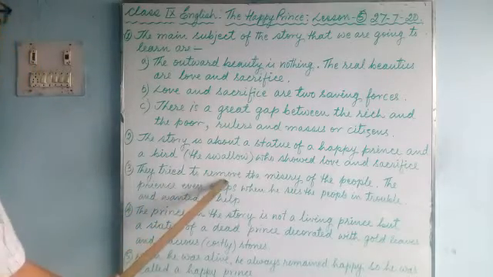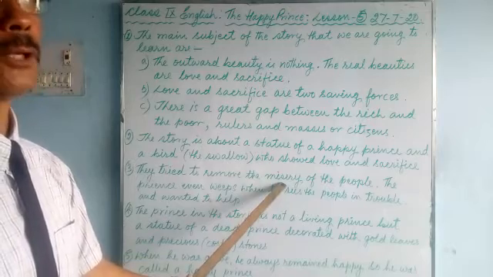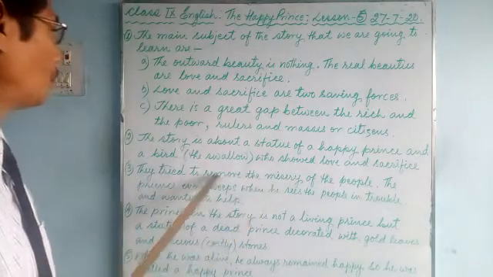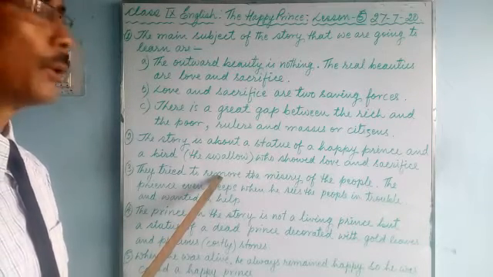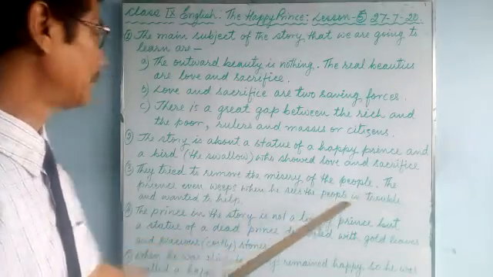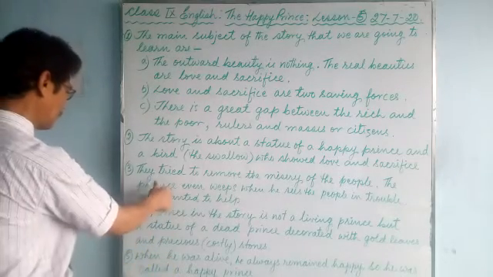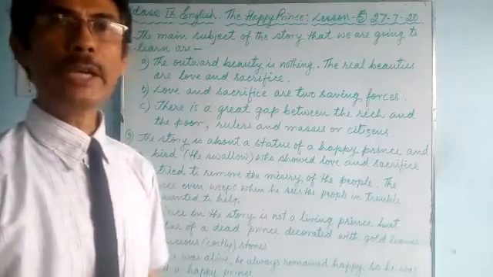They tried to remove the misery of the people. Misery means difficulties, problems, hardships. So these 2, the happy prince and the swallow, tried to remove the misery of the people. The prince even weeps.